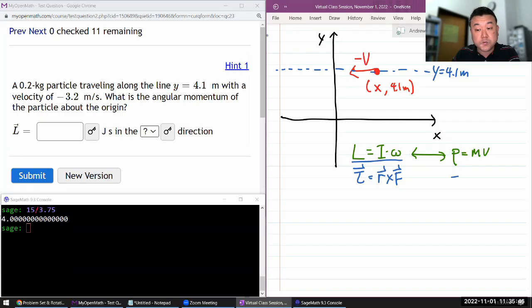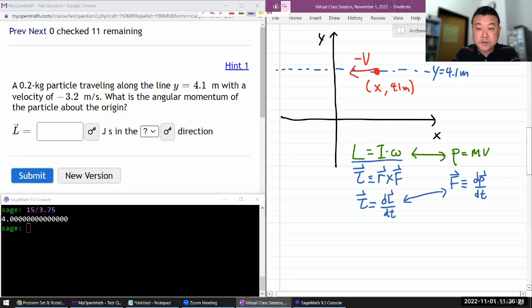In linear dynamics, we had this relationship: force was defined as rate of change of momentum. And within the rotational dynamics, we have an analogous relationship with the torque and angular momentum. Torque is equal to the rate of change of angular momentum.